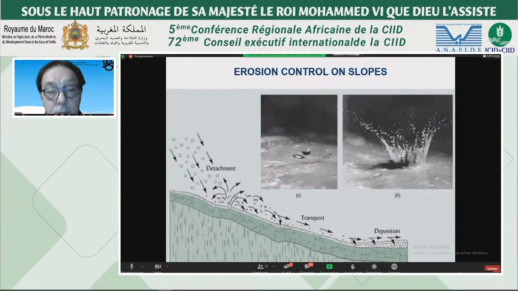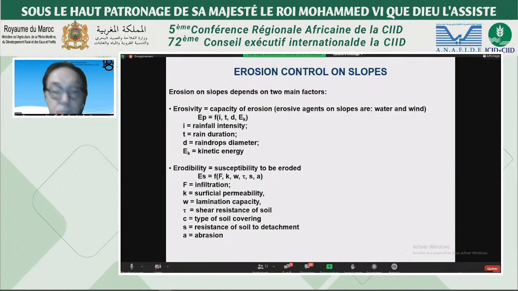Pour l'érosion sur les pentes, il y a 3 phases. Donc, il y a le splash et détachement de matériaux. Ensuite, il y a le transport des particules. Ensuite, il y a le dépôt ou déposition des matériaux. L'érosion des pentes dépend de 2 facteurs.